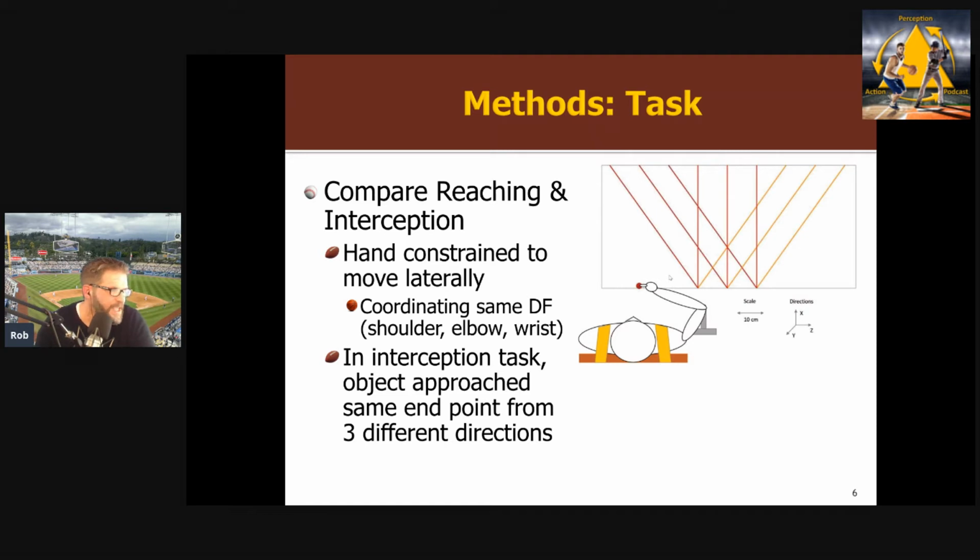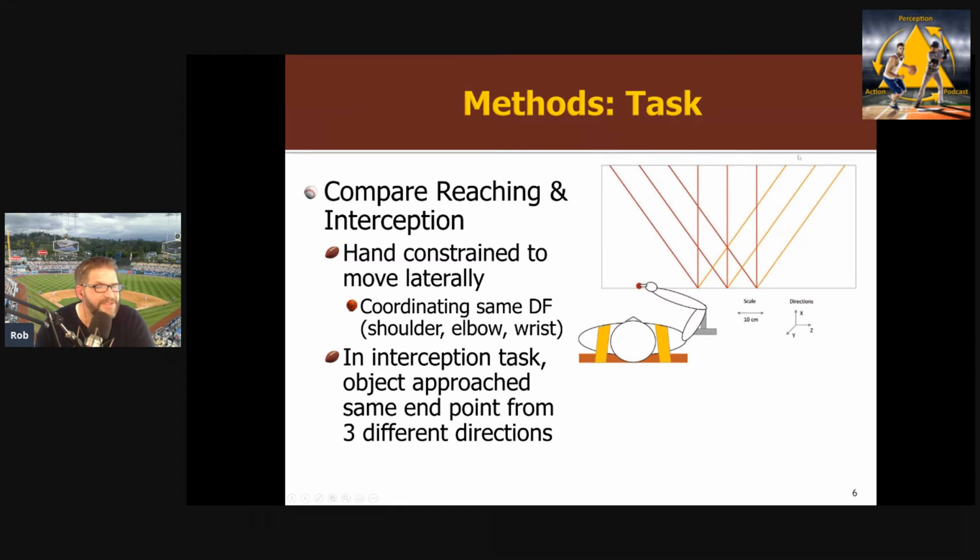They also added an important twist that I'll talk about in a bit. In the interception task, these different lines with the different colors mean that the target approached the same point from different angles, right? So sometimes it went straight on to the endpoint.